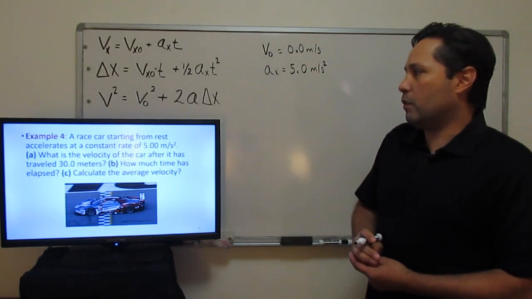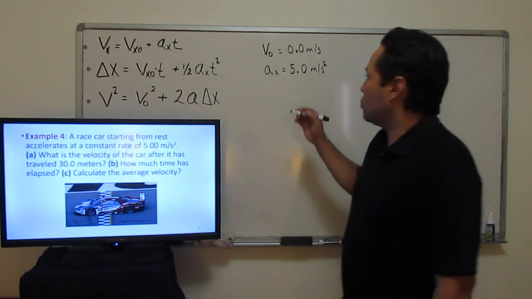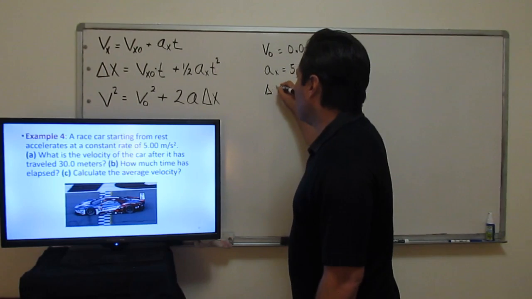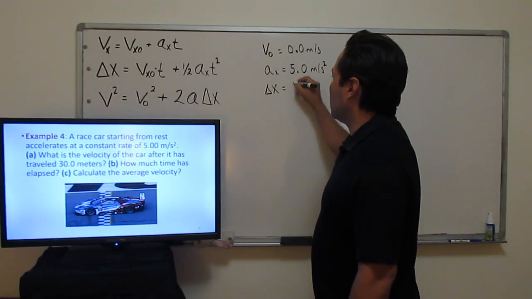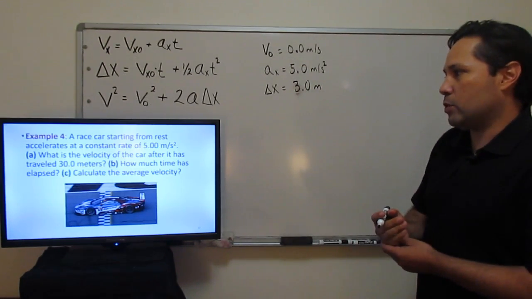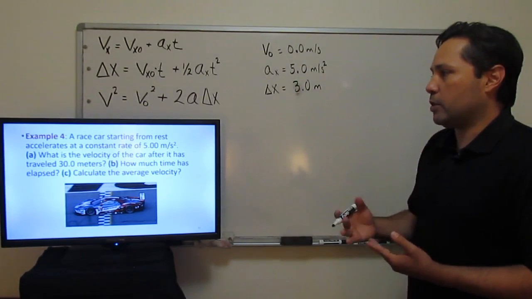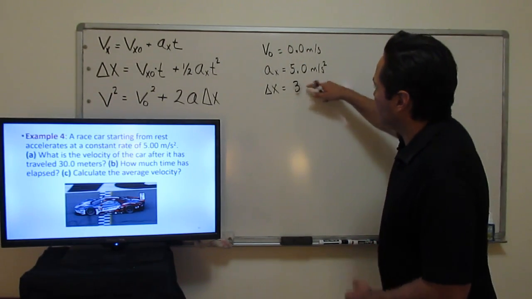Next, they want to know what is the velocity of the car after it has traveled 30 meters. So our change in displacement is 30 meters. So that's all the information that's given to us, and they want to know the velocity of the car after 30 meters.